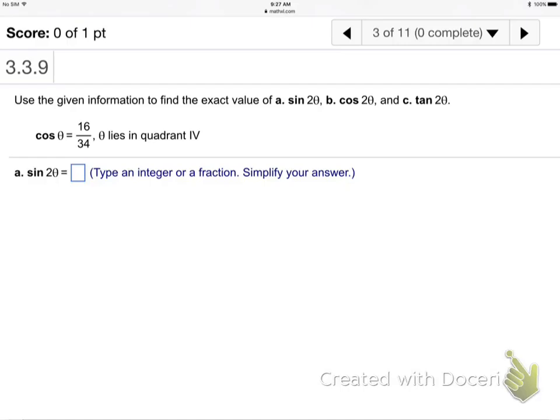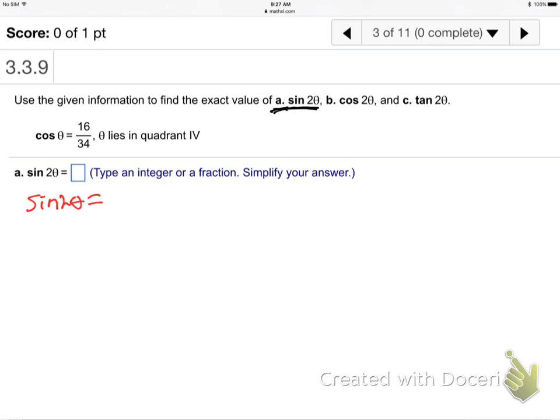Okay, so use the given information to find the exact value of sine 2 theta. That's part A. So let's give it a go. First off, I would just write down the formula, which you'll have on your 3x5 card.